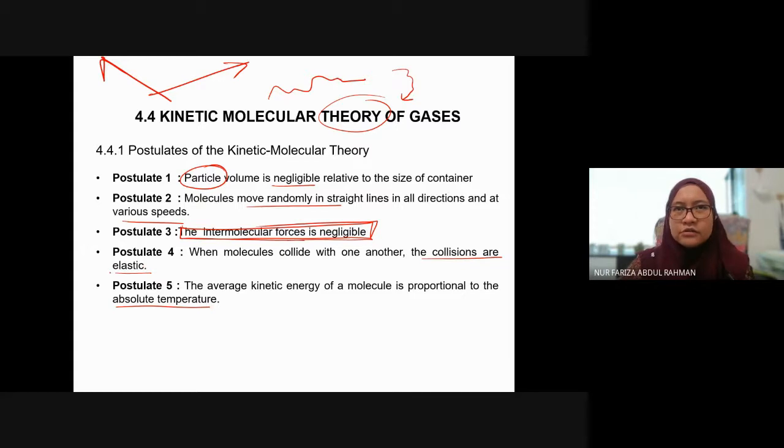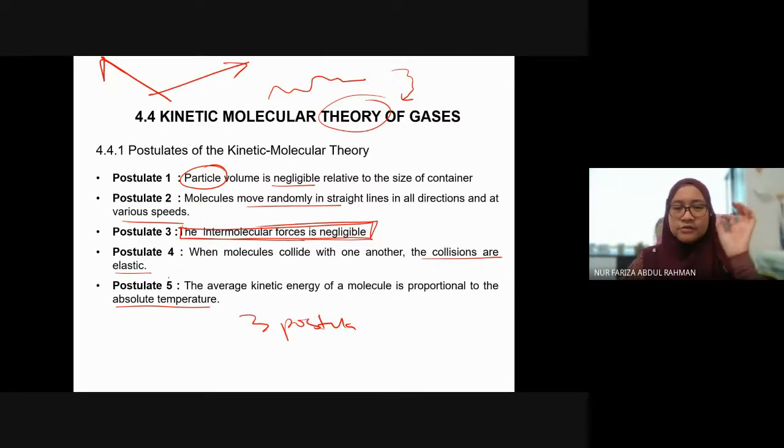So normally kalau you try baca kan, sometimes KMT ni orang represent 3 postulate saja. Sometimes people represent it as 5 postulate, dia banyak. But at the end of the day, bila you baca and you know the reason behind it, you akan nampak, oh, that's why dia ada 3 postulate saja.